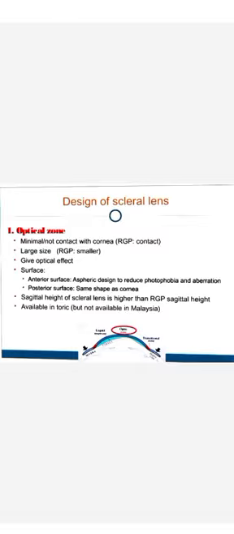The anterior surface can have aspherical designs to reduce photophobia and aberration. The posterior surface has the same shape as the cornea. The sagittal height of a scleral lens is higher than RGP sagittal height. It is available in toric.